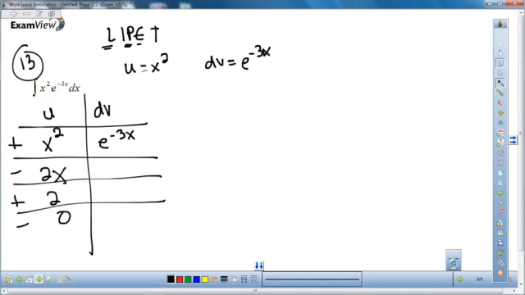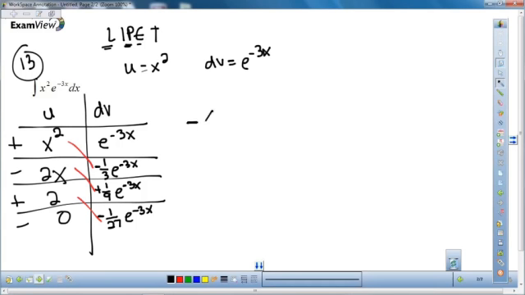So the antiderivative of e to the negative 3x is negative 1/3 e to the negative 3x. The next antiderivative would be positive 1/9 e to the negative 3x. And then finally it will be negative 1 over 27 e to the negative 3x. Since we're taking the antiderivative, we're dividing by the derivative of the inside. We have plus minus, and then we cross multiply.